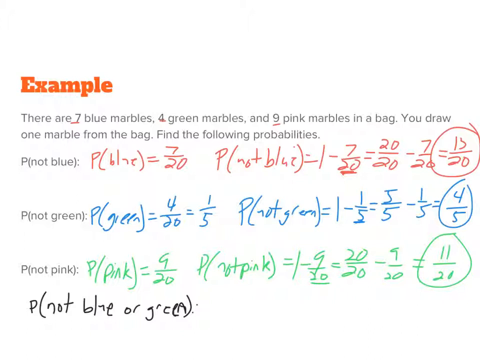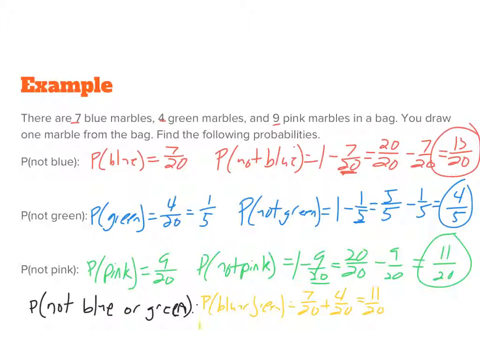You could also see where we've got it kind of combined with our last lessons. We could have not blue or green. So what I need to do is I need to do probability of blue or green. Okay, the probability of blue is 7 over 20. Probability of green is 4 over 20. So I add those together, giving me 11 over 20.